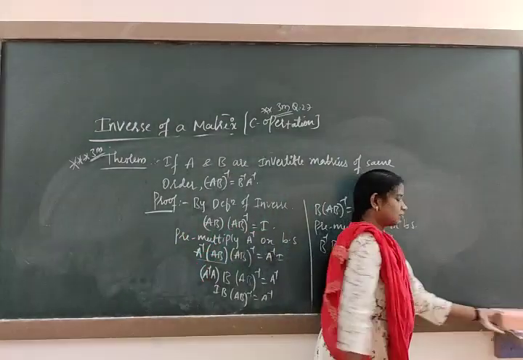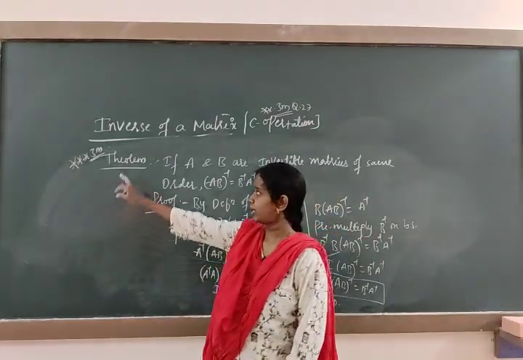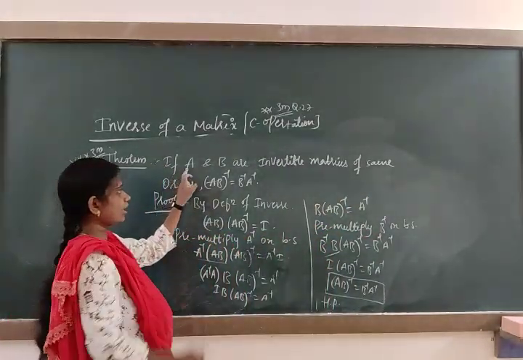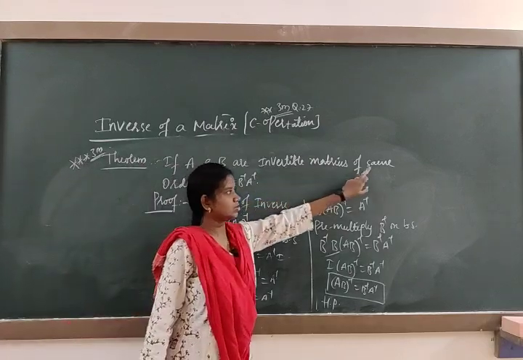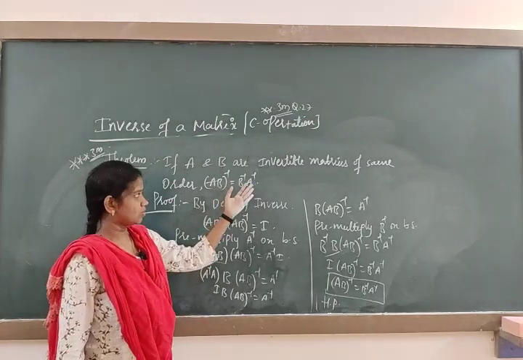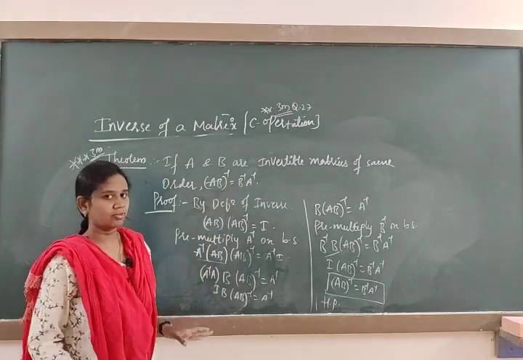So once again I will explain this theorem, and it is important. I have given 3 marks. What is the statement? If A and B are invertible matrices of the same order, then we have to show that AB whole inverse equal to B inverse into A inverse.